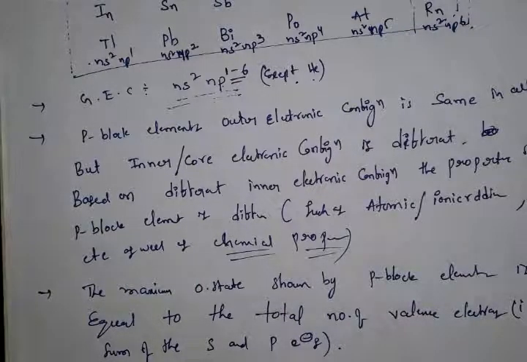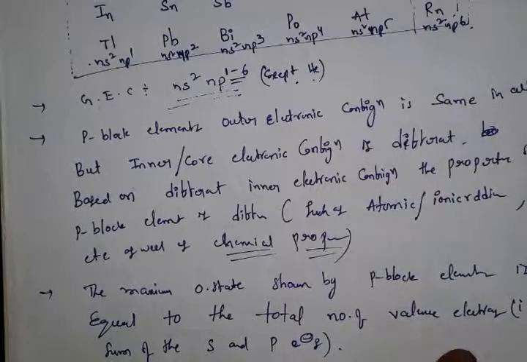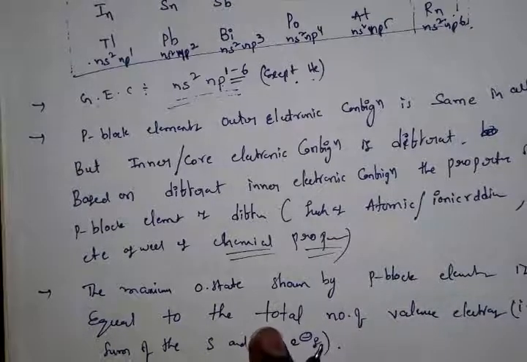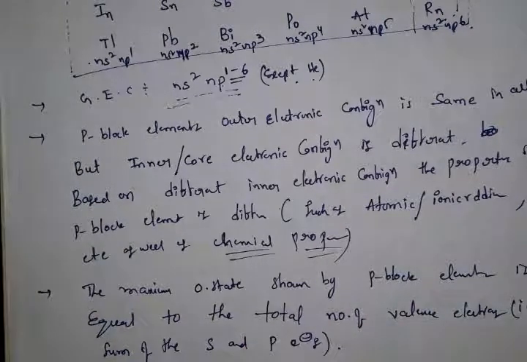In periods, from left to right, the number of valence electrons increases, so definitely the maximum oxidation state of p block elements also increases along the period.